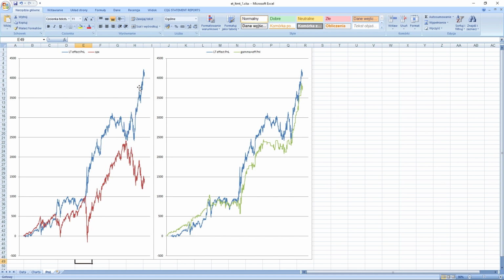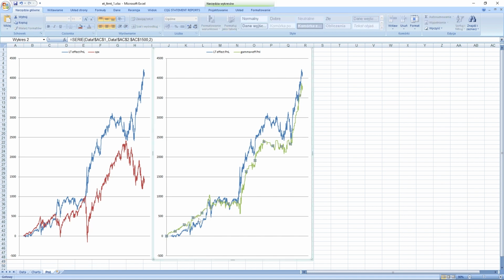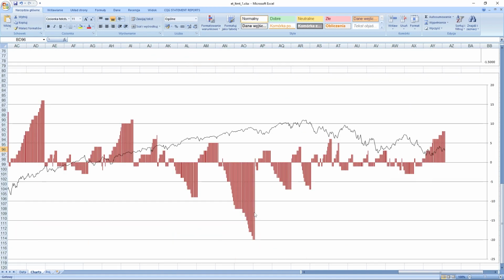And then we go to the last bear market, which we are in now. You will also see that after some initial sideways action on the P&L, we have quite a nice up move on the strategy. And this here is a combination of the LT effect plus the gamma, which is over here.